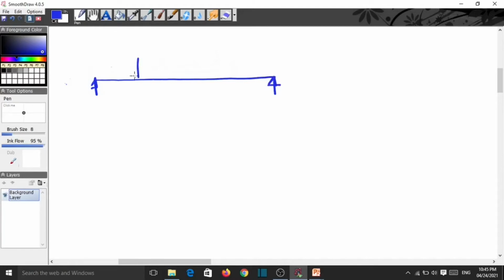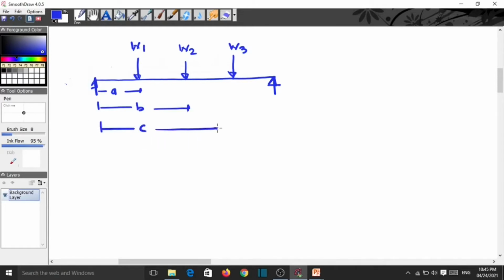Suppose this load is W1, then this load is W2, and suppose this load is W3. This distance is A, then this distance is B, this distance is C, and the total length is L.